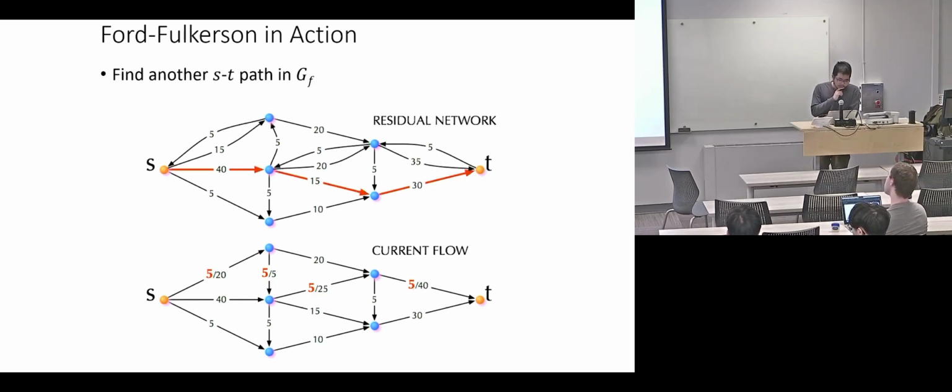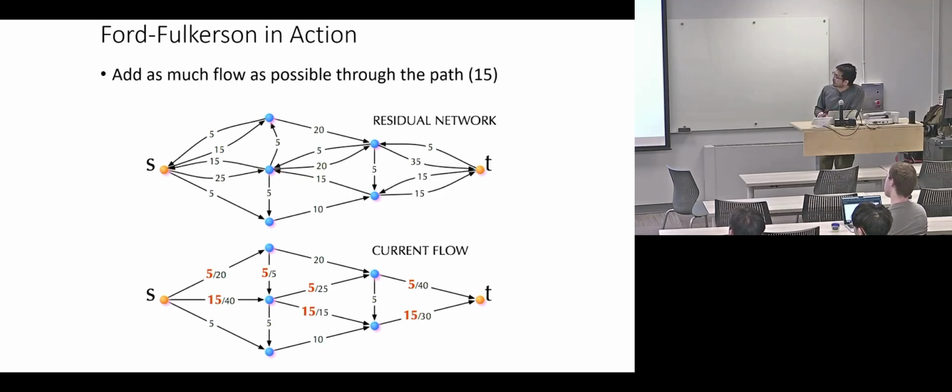Next, find a new path in the residual graph. What is the amount of flow that you can send? 15. So send that flow, 15. And then update the residual graph. And so on.